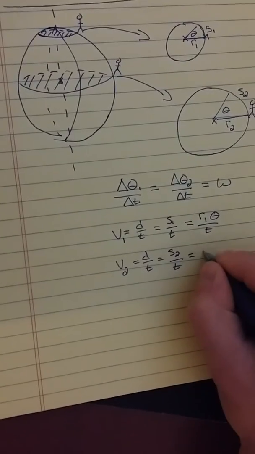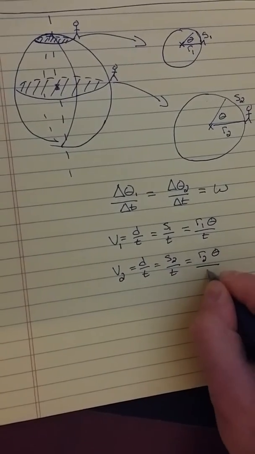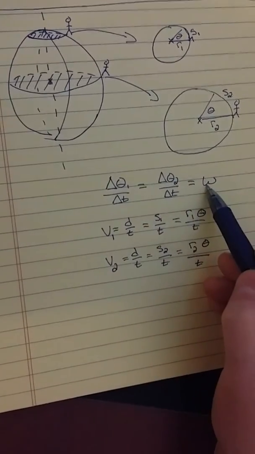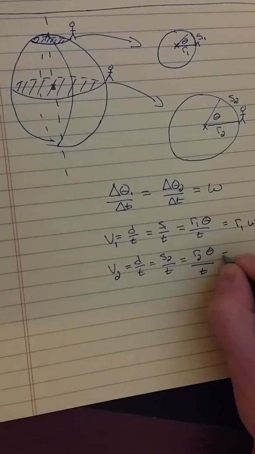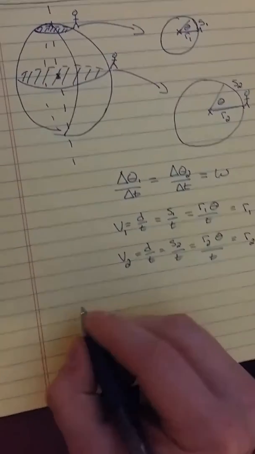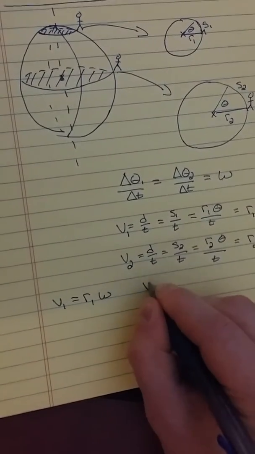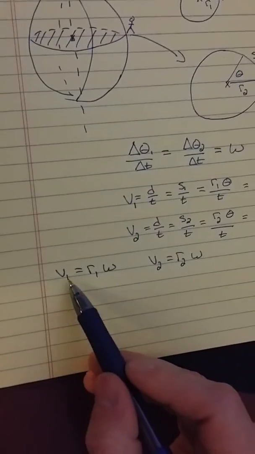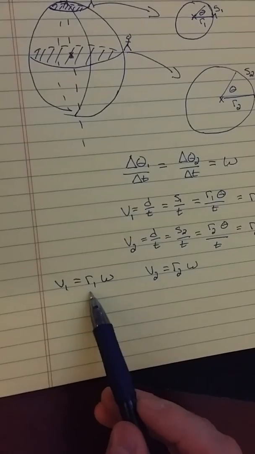And this is going to be r2 theta over time. But what is theta over t? We just defined that here. Theta over t for both is the same, that's omega. So this becomes r1 omega, and this becomes r2 omega. So I'll just rewrite them here so you can see it. V1 equals r1 omega, and V2 equals r2 omega. We see that the actual speed that you're going is proportional to the radius that you're at.